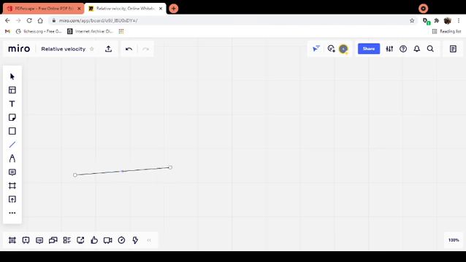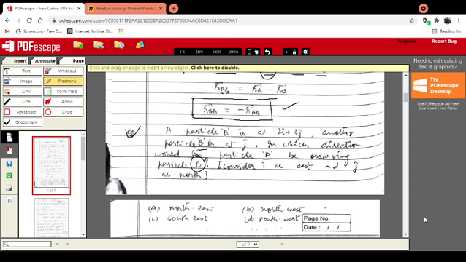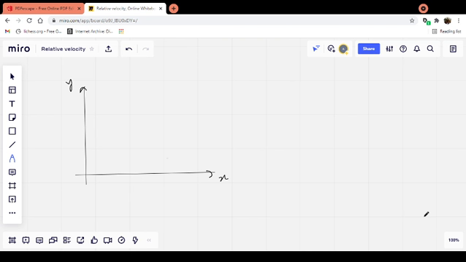Let us draw the x-axis and y-axis. So one particle is at 2i plus 3j. Let us mark 1, 2, 3 and 1, 2, 3.